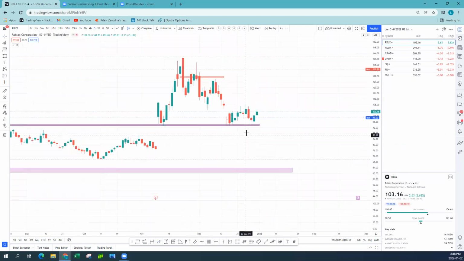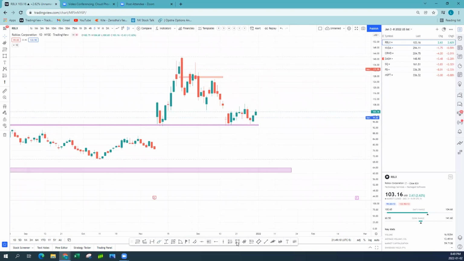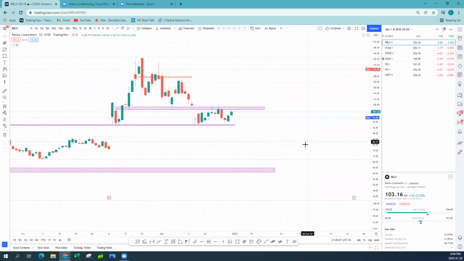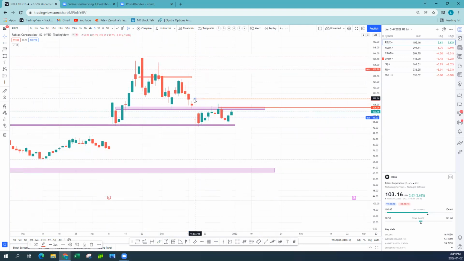It's getting good support at 93, but it's also facing a resistance at this area, which is the 105 area, right? It's not able to give a closing above that area. So if the price gives a closing above 106.35, which is here, once it gives a closing above this area, then you can get the target of 112, which is the low of this candle, right?